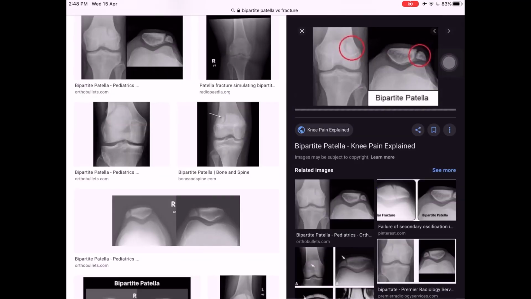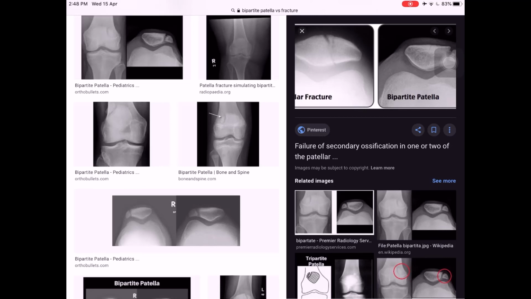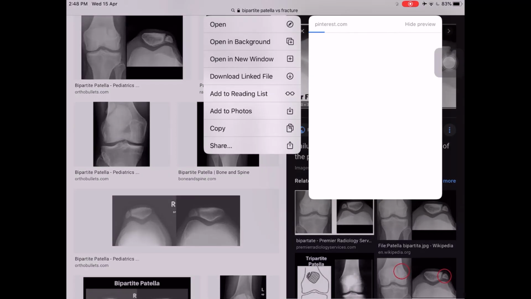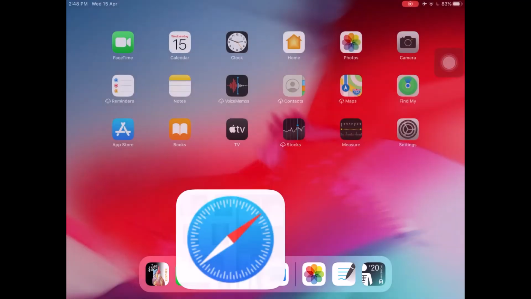Yeah, here we have this bipartite patella, because of failure of union. Here we have both bipartite and the patellar fracture. This we can take. Okay.